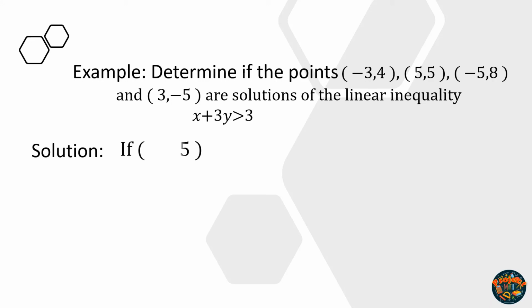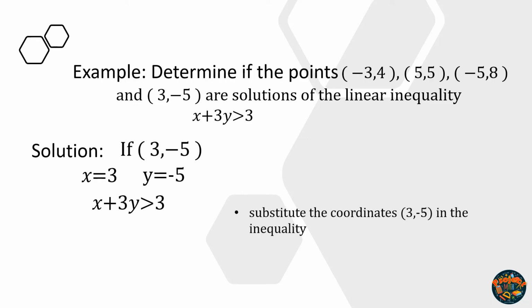Then, next is (3, -5). The value of x is 3 and the value of y is -5. Substituting these coordinates in the inequality, we have 3 plus 3 times -5 is greater than 3. So we have now to simplify. So we have to multiply 3 and -5. The result is -15.